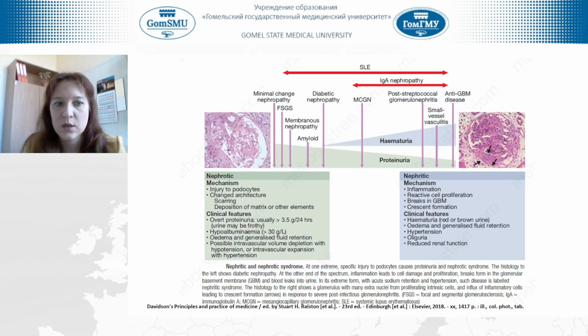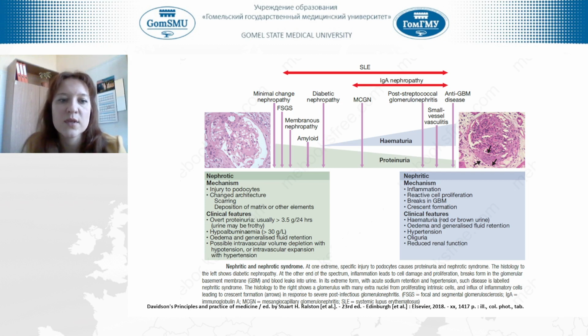On this picture, we can see the reasons of proteinuria and hematuria. Proteinuria can be caused by minimal change nephropathy, focal and segmental glomerulosclerosis, membranous nephropathy, amyloid, diabetic nephropathy.